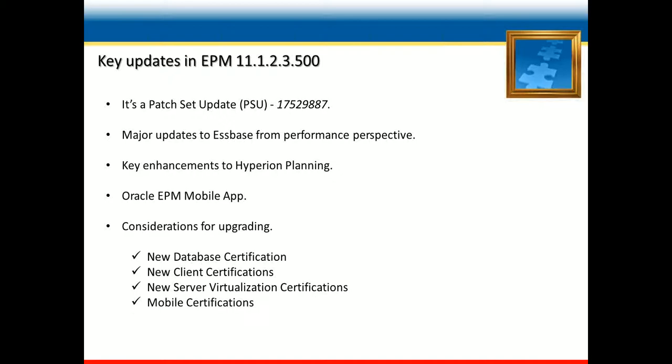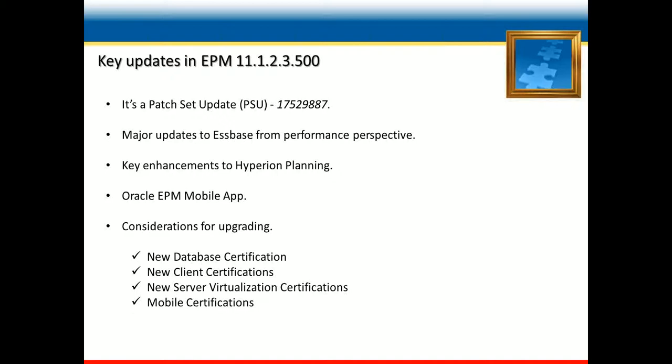This .500 patchset was released in the month of March this year. It's a major patchset update, and it's not a full installation. It just replaces some of the files depending on the patches that you are applying, and it's a major update to the products as far as performance is concerned.